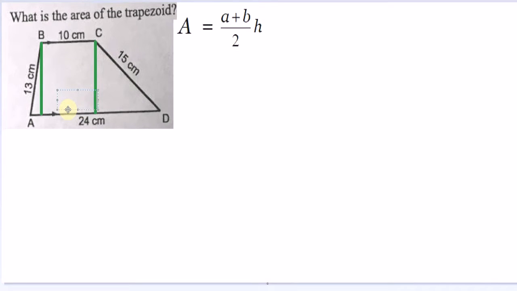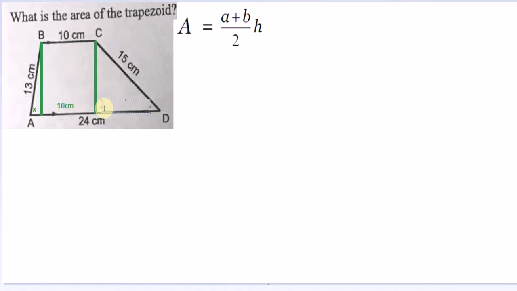Because it's a square, that means the bottom is going to be 10 centimeters as well. So if we call this one X, and then we call this one over here something, I would say that we've got 24 centimeters to begin with. You subtract 10 from that, that's 14 centimeters that's left. So 14 centimeters has to be divided between X and this area.